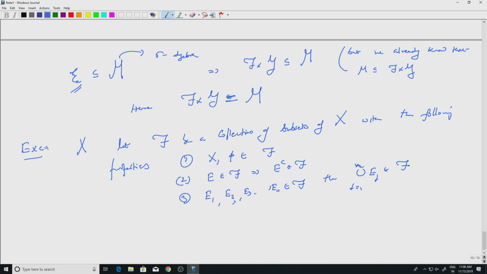If I have infinite union, then it will be a sigma algebra. So this is the property for script E. Then the monotone class generated by script F is the sigma algebra generated by script F. So script E played the role of script F in this exercise.